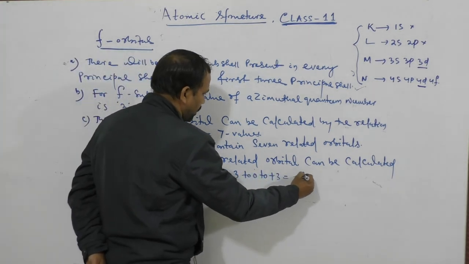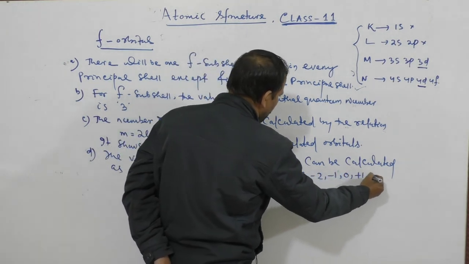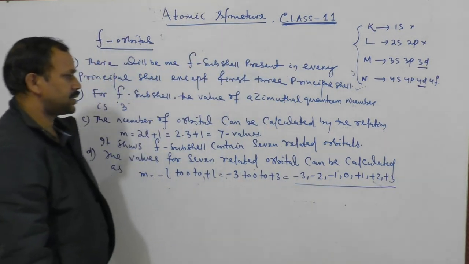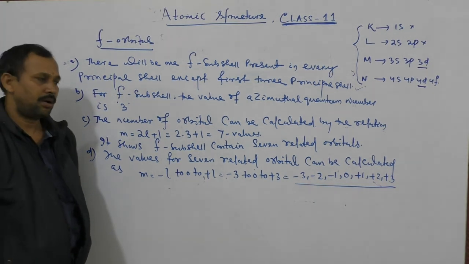The values are minus 3, minus 2, minus 1, 0, plus 1, plus 2, plus 3. Now 7 values indicate the f subcell contains 7 orbitals.